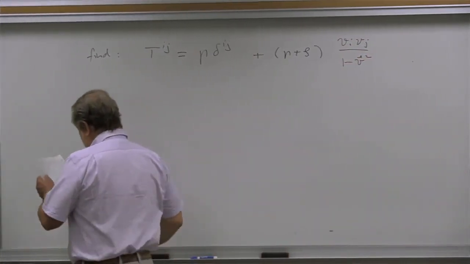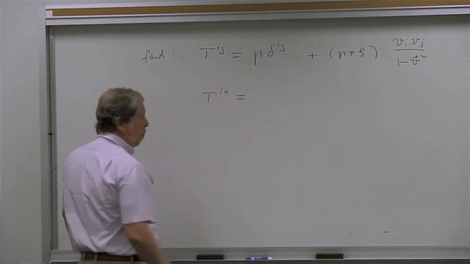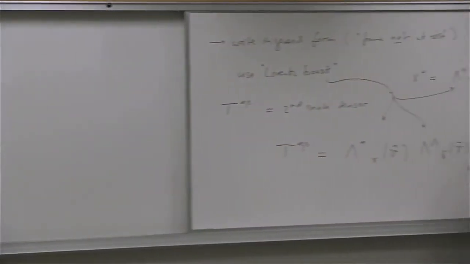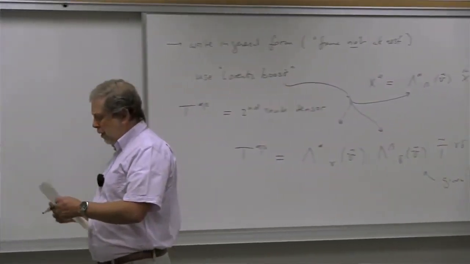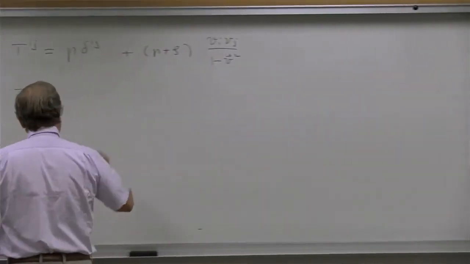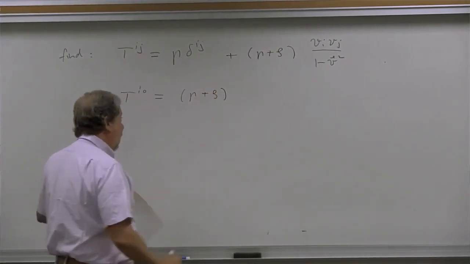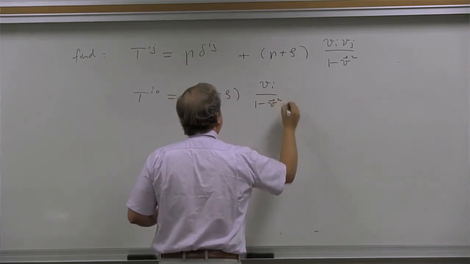So that's the T ij part. The T i naught, well, that was 0 to start with, but of course now, because we're multiplying it by these matrices, it's no longer 0, right? And so that is P plus rho times v i times 1 minus v squared.